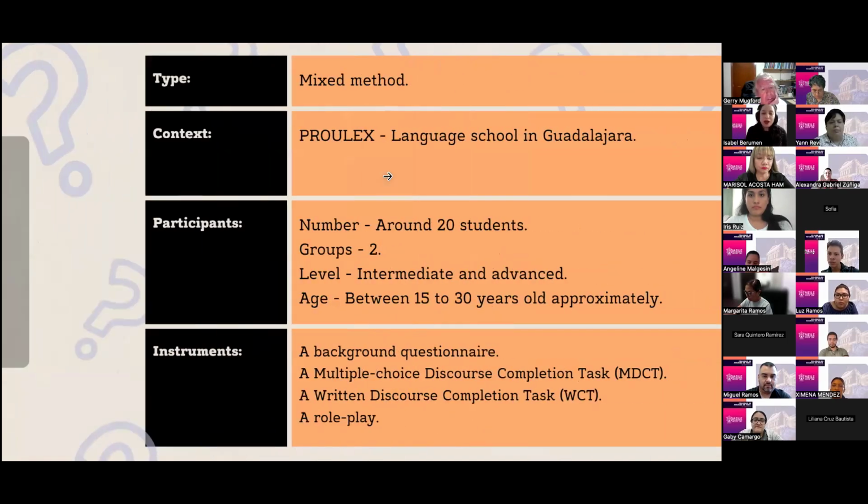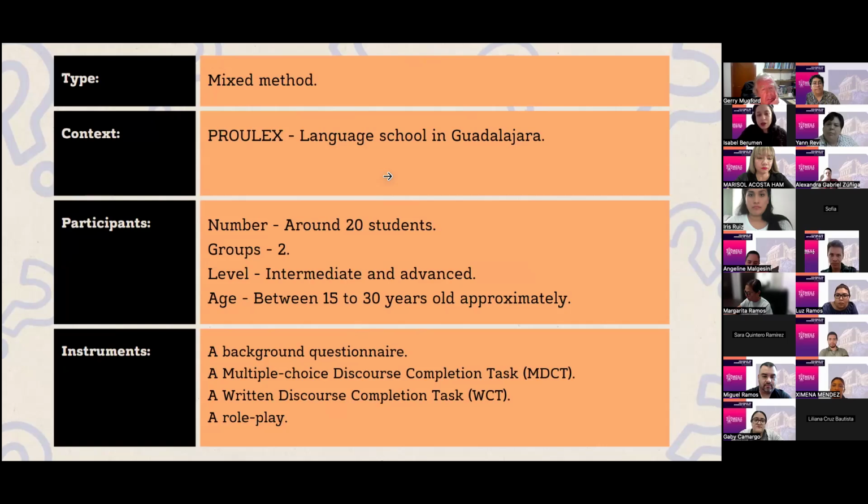And finally, to talk about my methodology. In this case, I was thinking about a mixed methodology. The context is Prolex, the language school where I worked. And I need to define the next part, because every month I change groups. So it's important to talk to my authorities about this.